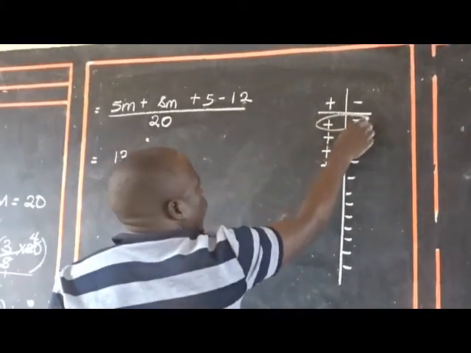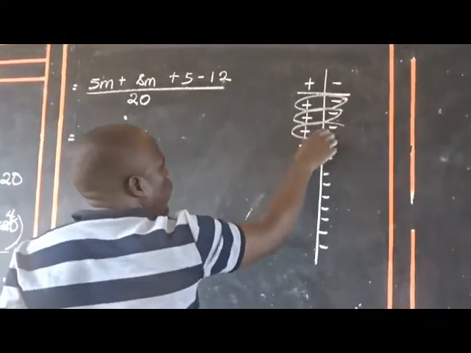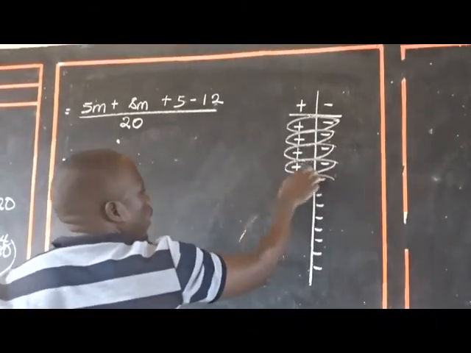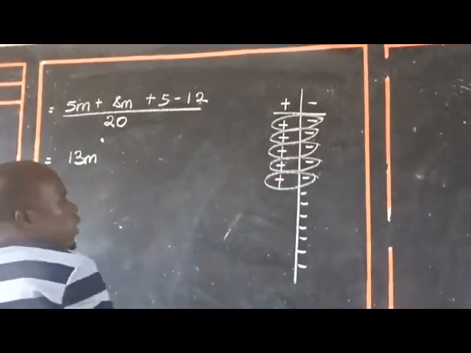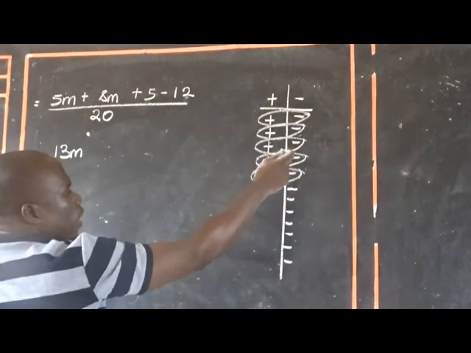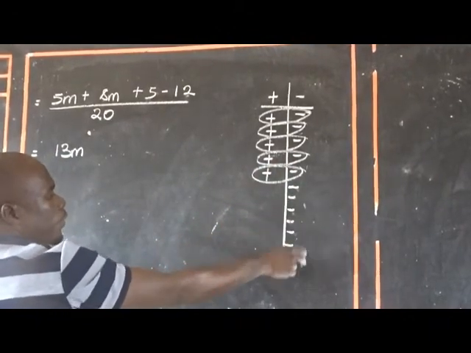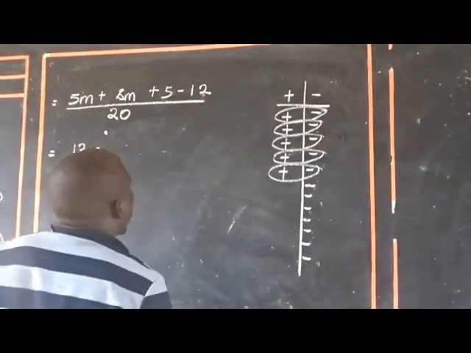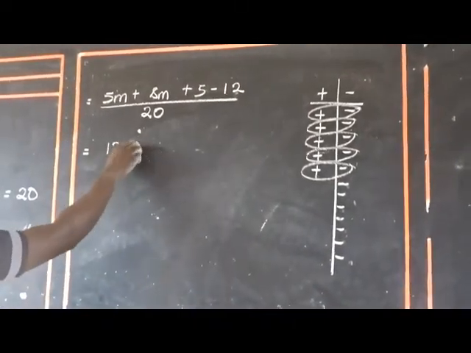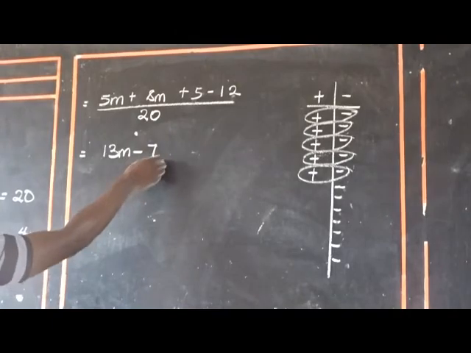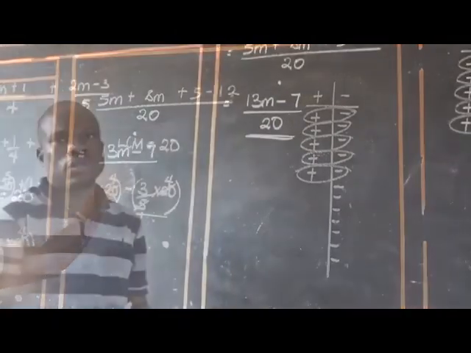So these ones go together, these ones go together, and so on. We count the remaining ones. The remaining ones are 1, 2, 3, 4, 5, 6, and 7, which are negative, which means here it will be minus 7 out of 20.